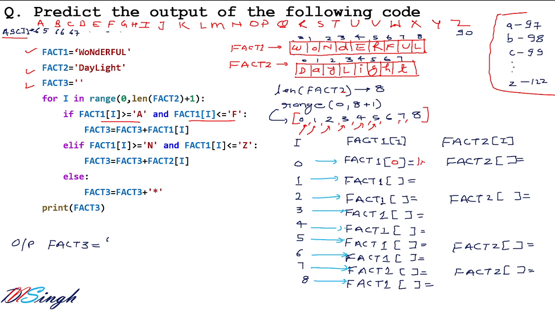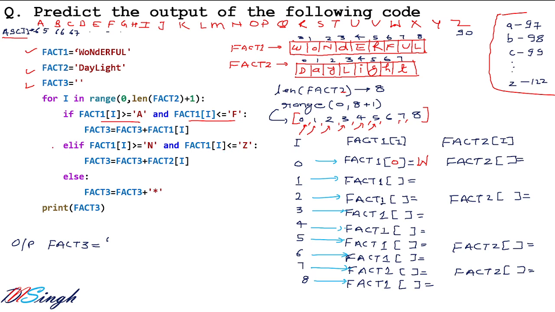That is W. So we will write W here, and check which condition it satisfies: if, elif or else. A is less than or equal to W, yes, but W less than or equal to F, no. So it fails there and we go to the elif part. W is greater than or equal to N, yes. It is less than or equal to Z, yes.